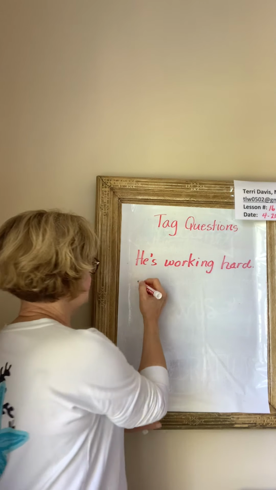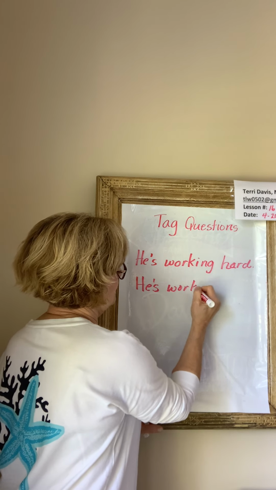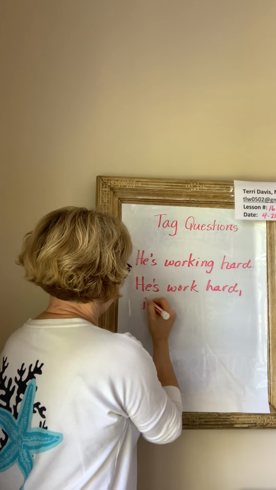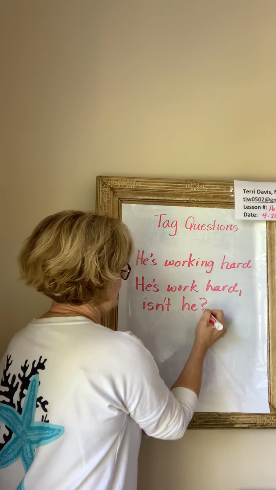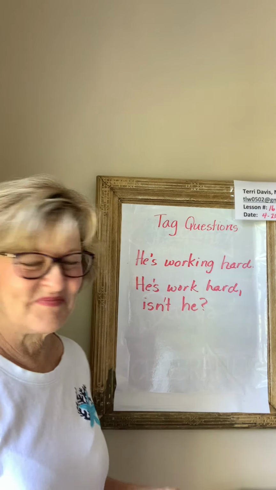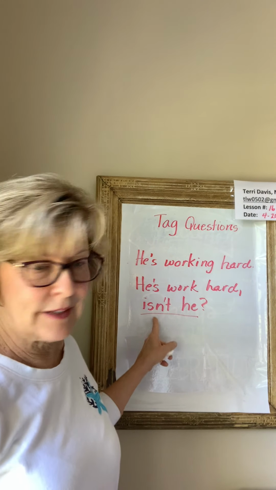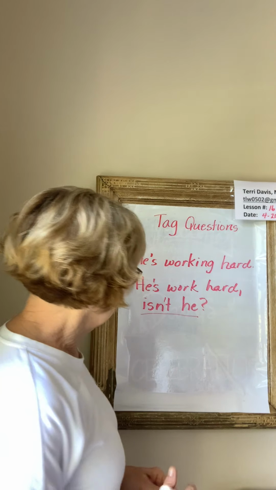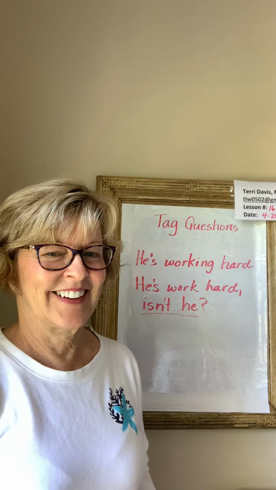But if you're not so sure, he's working hard, isn't he? Okay? We use our form of be here and the pronoun he. He's working hard, isn't he? Okay? Or he's working hard, isn't he?